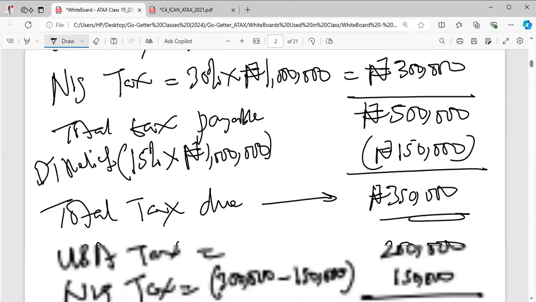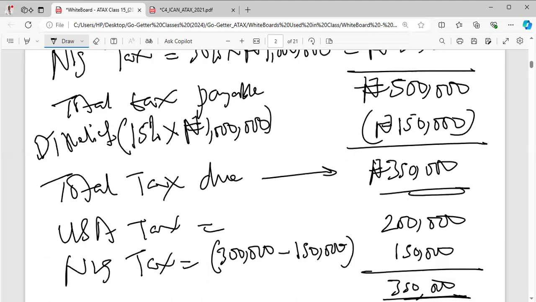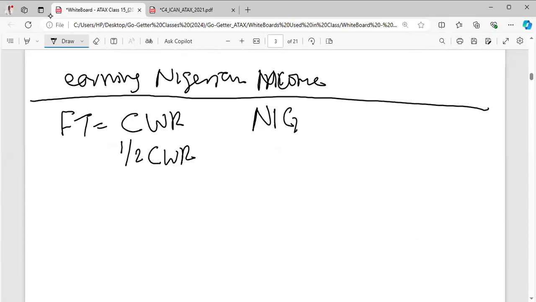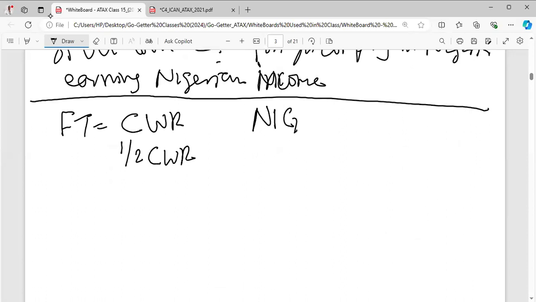But notice now, look at the comparison. The comparison will now be, if CWR is greater or perhaps equal to, sorry, let me call this Nigerian tax rate.